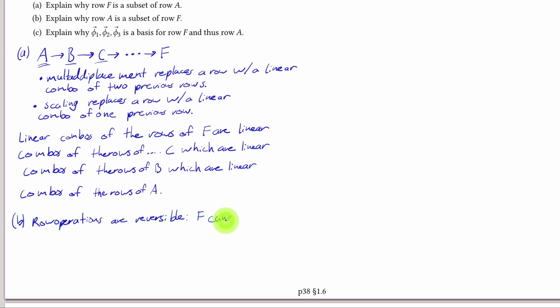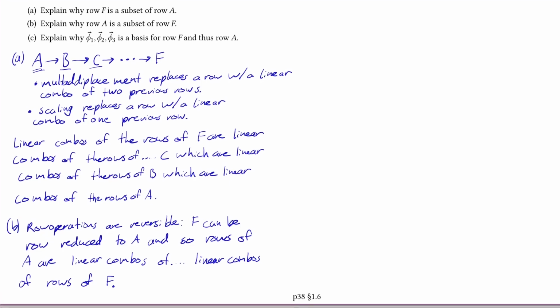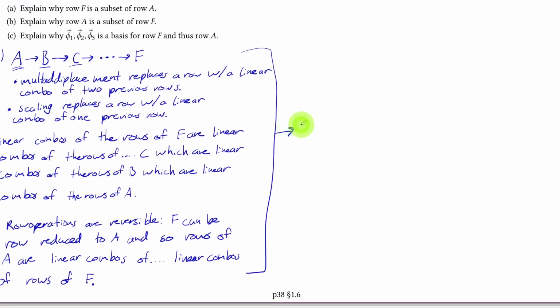So F can be row reduced to A, and so rows of A are linear combinations of rows of F. Okay, so every row of A can be written as a linear combination of the rows of F, and every linear combination of the rows of F can be written as a linear combination of the rows of A. So these two things together imply that the two matrices have exactly the same row space.